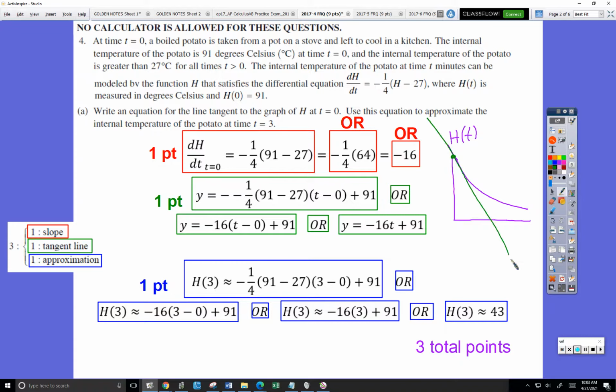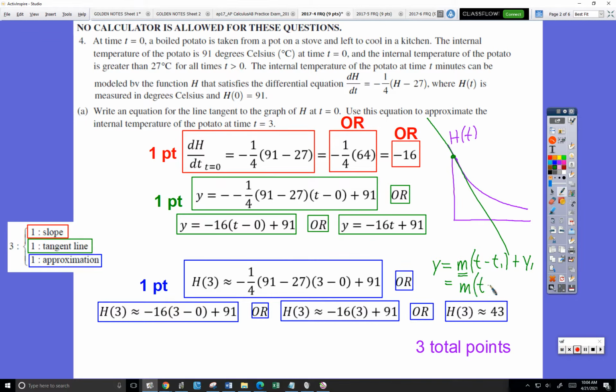Drawn kind of badly, but they want the equation of that line. So I know the equation of that line will be something like y equals the slope times something. I'm dealing with time now, not x. So I've got to find the slope.